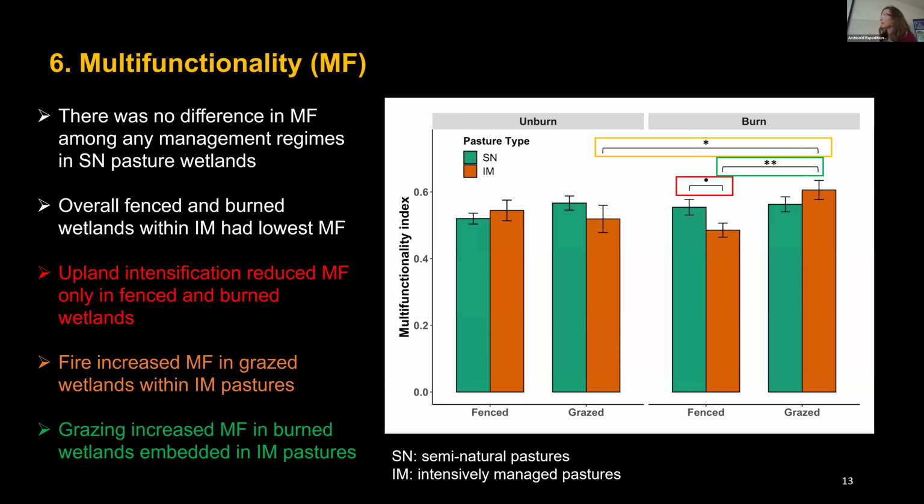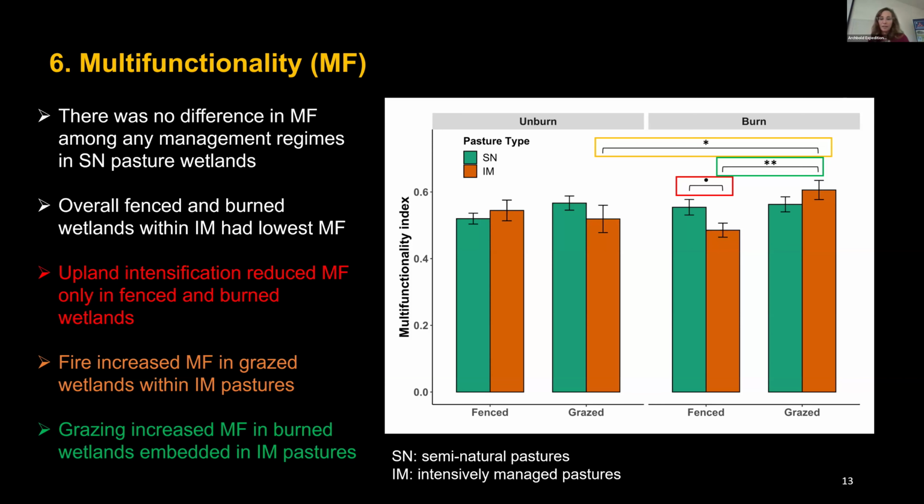So what we're finding, I was surprised, there was no difference in multifunctionality between improved intensively managed and semi-native pasture wetlands. All treatments had similar multifunctionality in the semi-native wetlands. So the only significant results that we saw, we can look first at this red bar that's saying this improved fenced and burned wetland has lower multifunctionality than the semi-native fenced and burned.